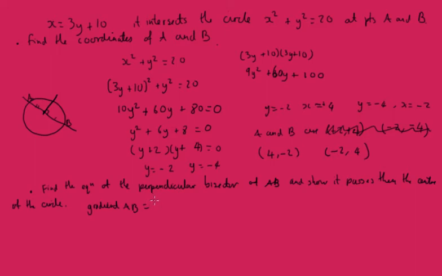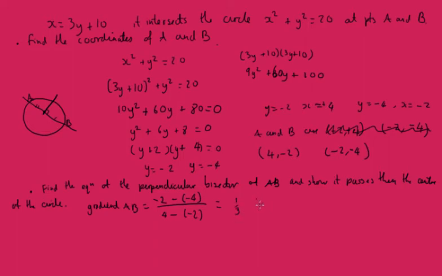So that's going to be minus 2 minus minus 4, over 4 minus minus 2. So that will be equal to a third.